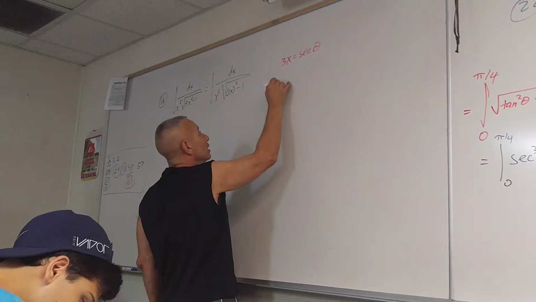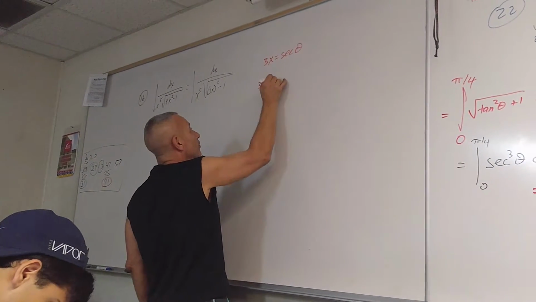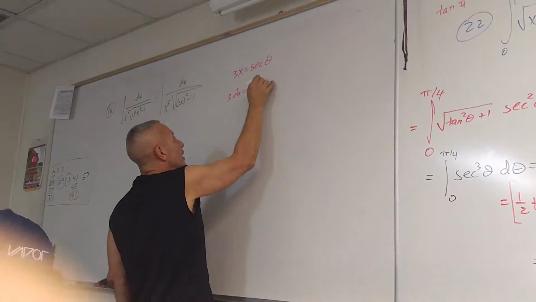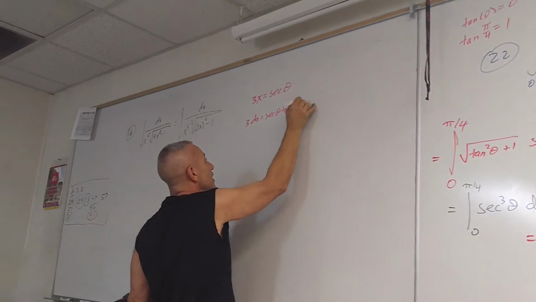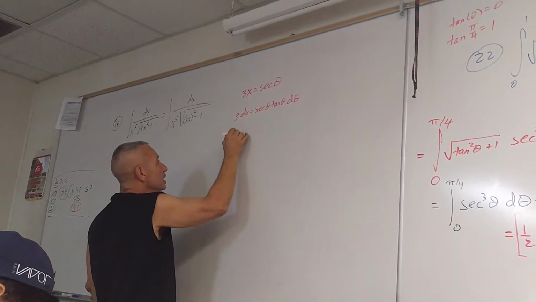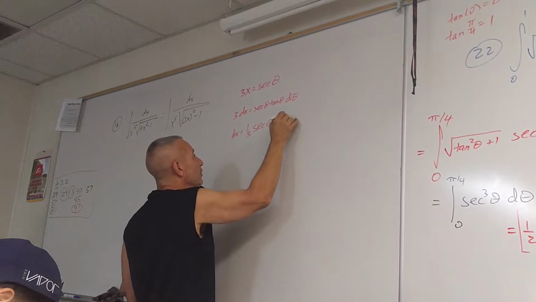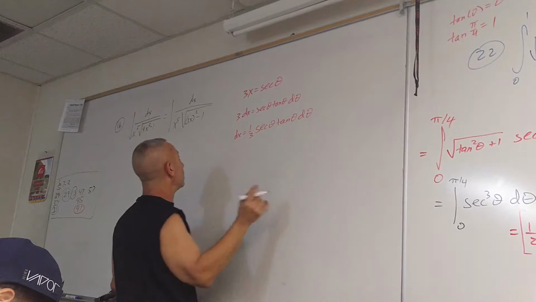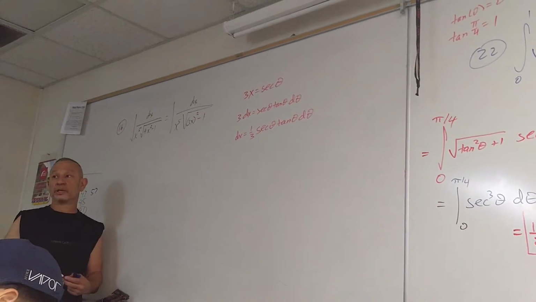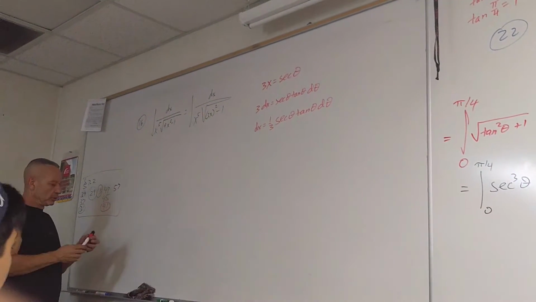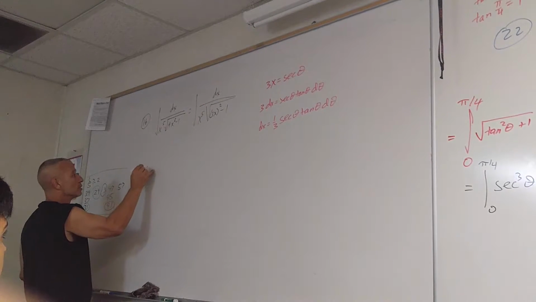By the way, 3dx is secant theta tan theta d theta, or dx is 1/3 secant theta tan theta d theta. I need all of that to substitute for the numerator, don't I? So let's perform that substitution.